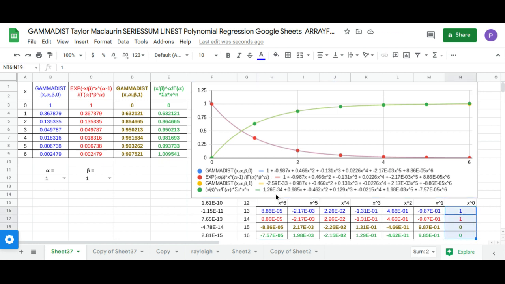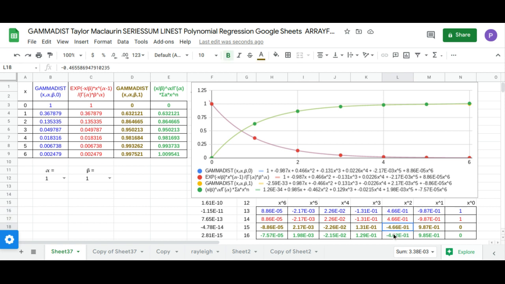That's 1, 0, 0. This is 0 because it is 10 times 10 to the minus 33, 10 times 10 to the minus 34. Coefficient of x, 0.987. This is 0.987. This is negative, and this is positive. And x squared, that's 0.466.